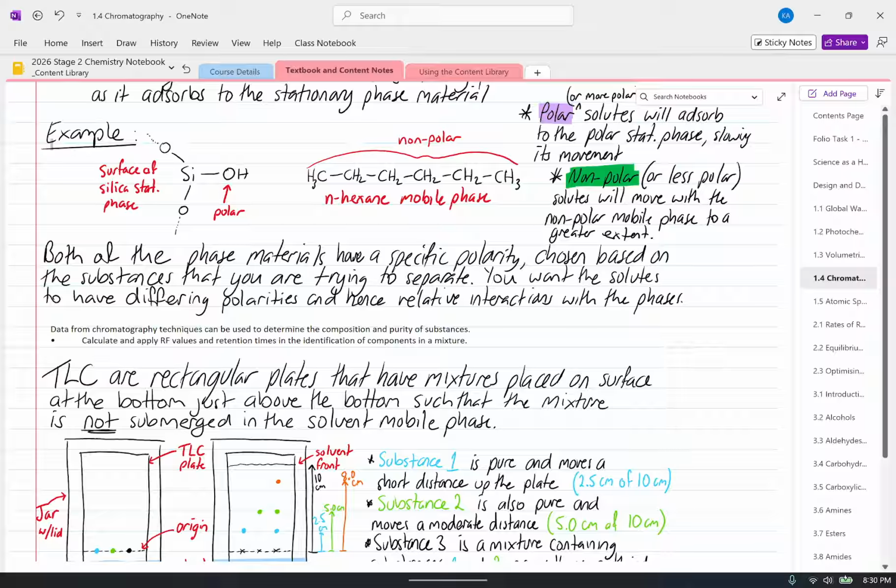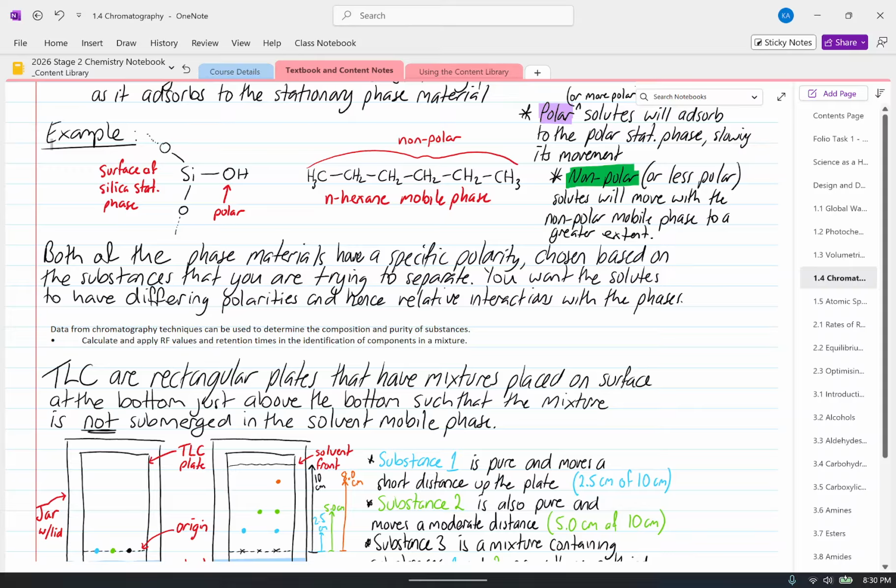You're probably not going to have to actually choose many things, but you will have to recognize if someone tells you we have a polar stationary phase and a non-polar mobile phase, you are going to have to predict the polarity of the substances based on their movement through that.